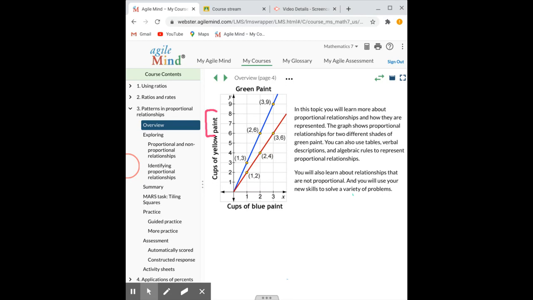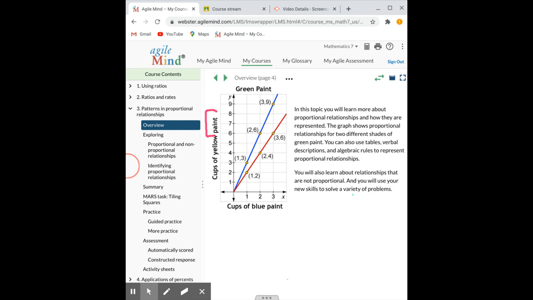So, looking at these, what is different about the blue line and the red line? The blue line, its constant is 3. Okay. It goes up 1 and then it's multiplied by 3, and then the red line is multiplied by 2.